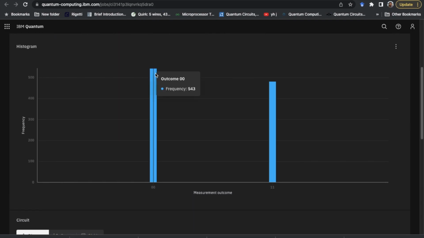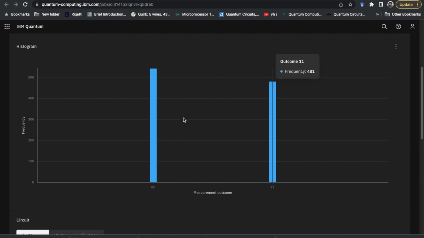Here the frequency is 543 and here the frequency is 481. That is, the probability of getting 0 0 is 53%, and the probability of getting 1 1 is 47%. This frequency means measurements have been done over 1024 shots. In these 1024 shots, the 0 0 outcome is about 543 and the 1 1 outcome is 481.